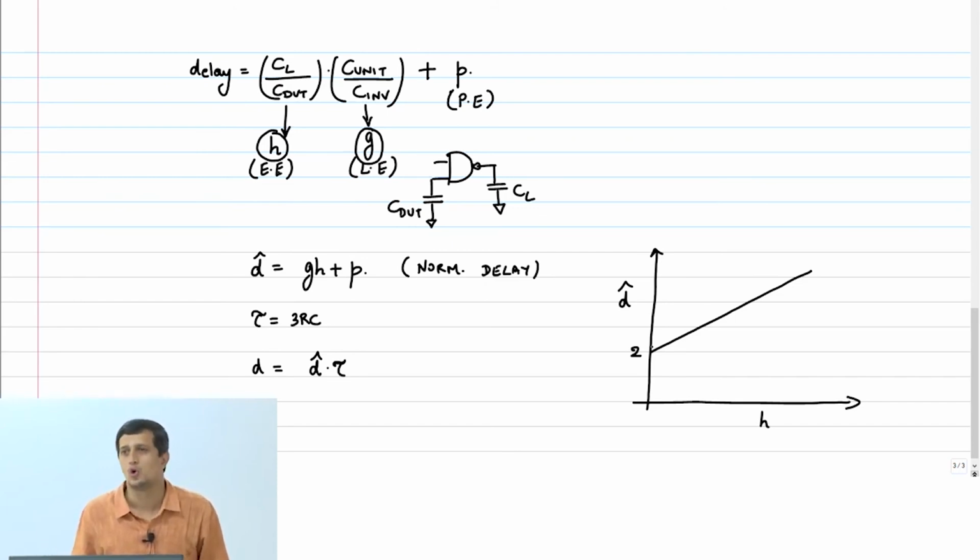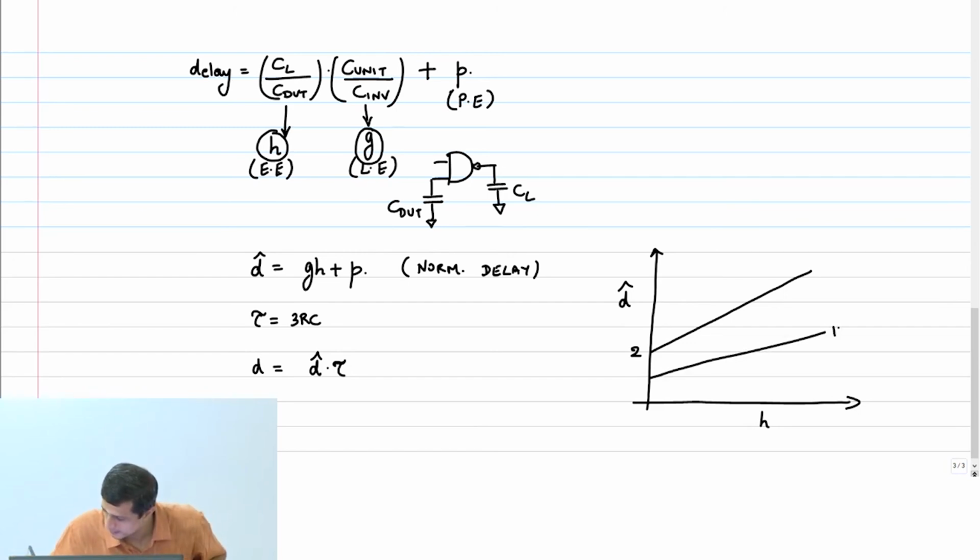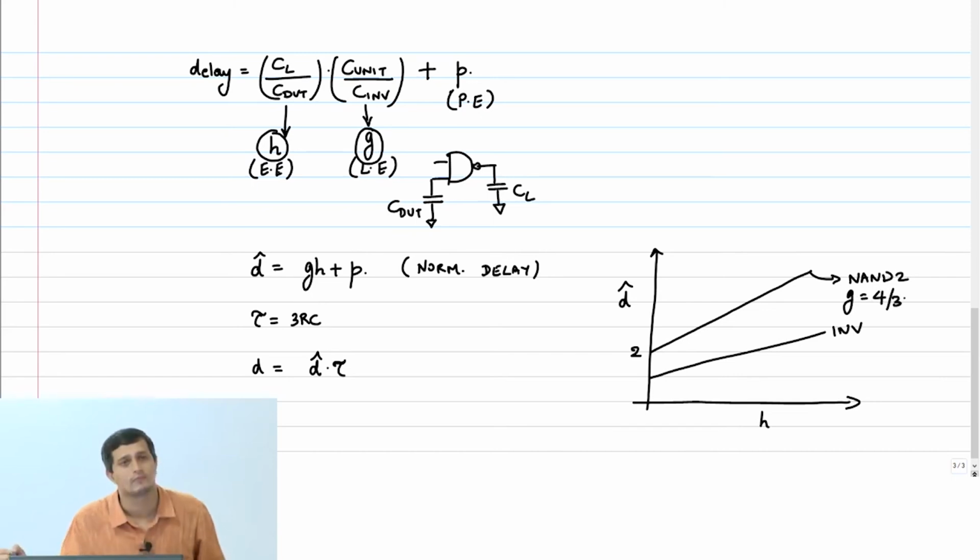Even if you put no load, you will get that. Now for an inverter, it would be something like this. Lower slope, this is an inverter, this is a NAND 2. The slope is G equals 4 by 3, logical effort.